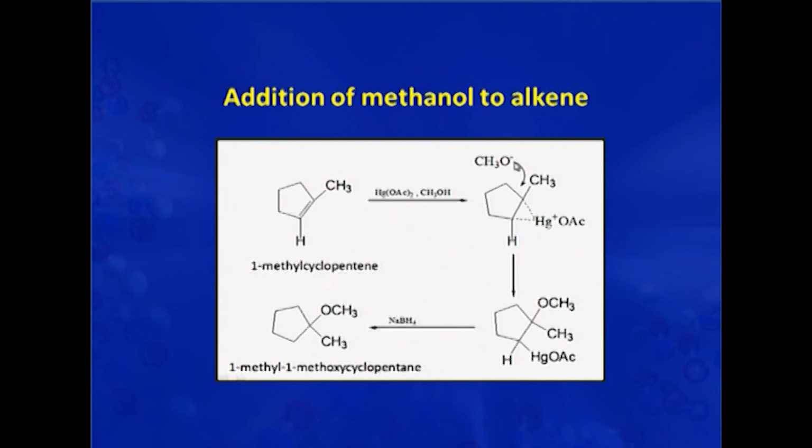Now methoxide can attack this carbon as well as this carbon, but methoxide attacks preferentially the carbon which forms the more stable carbocation, and the more stable carbocation is generated at the more substituted position. That is why the methoxide attacks this carbon, followed by the reaction with sodium borohydride. The product formed is 1-methyl 1-methoxy cyclopentane.